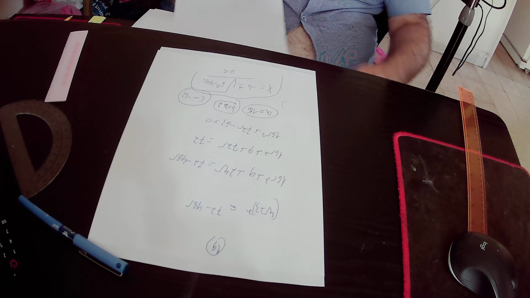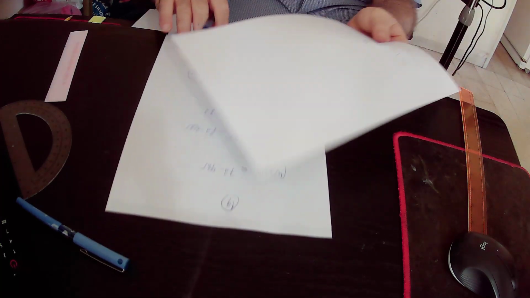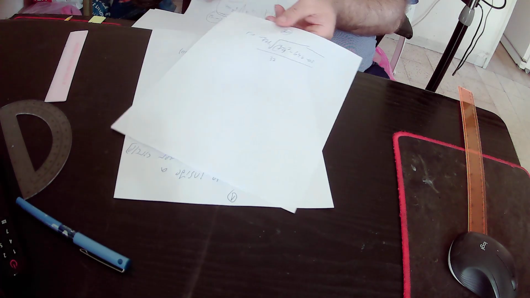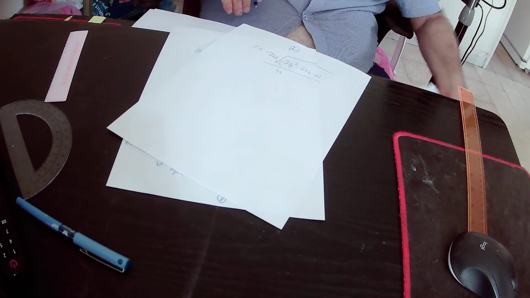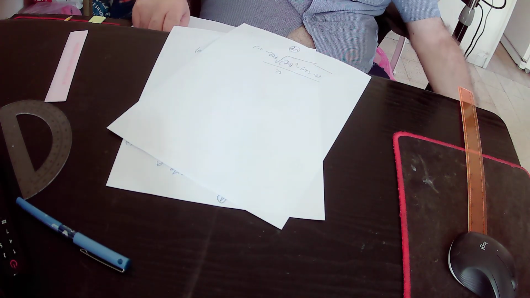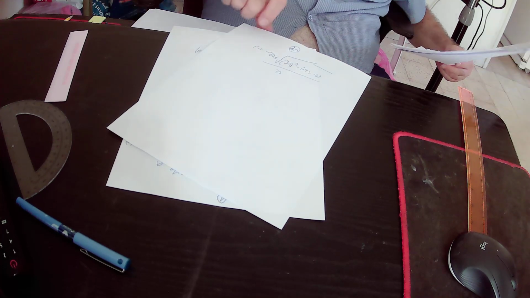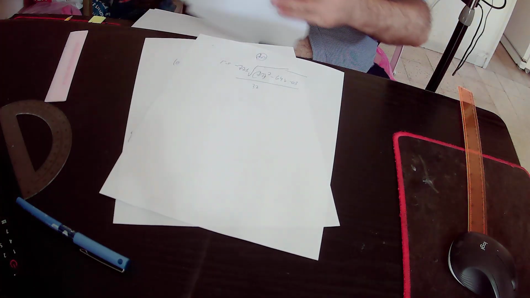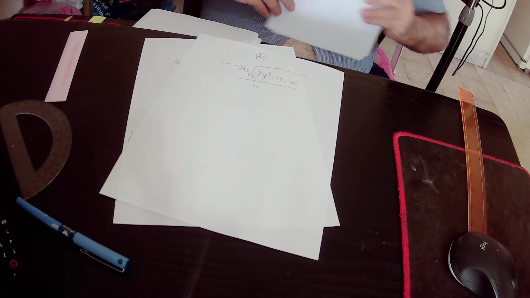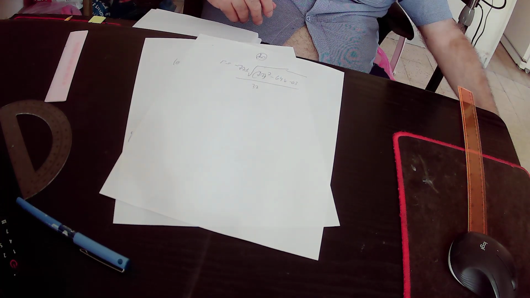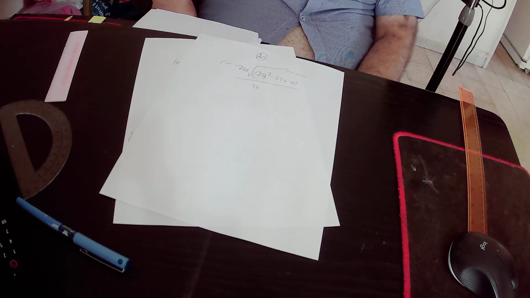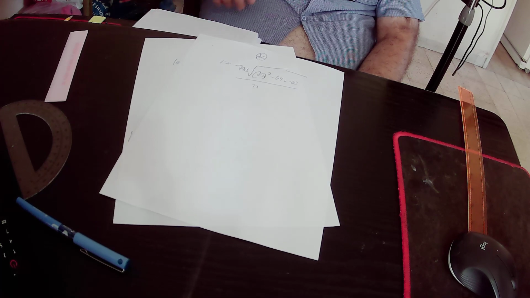So in total we got that the radius of the small circle equals minus 72 plus minus the root of 72 square minus 64 times minus 63.